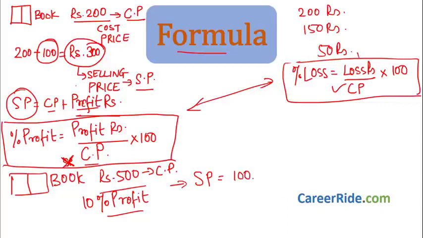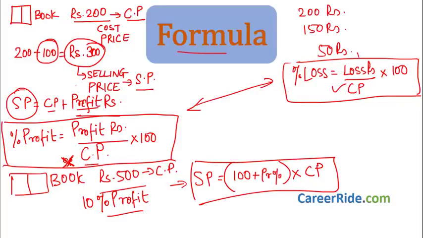Now since we want profit, profit means more money, and more means addition, so add the profit percent, here it is 10%. We'll solve the example, but the formula is 100 plus profit percent multiplied by cost price. See how easy it was. It's just whatever profit percent is there, add 100 to it and multiply by cost price, right?